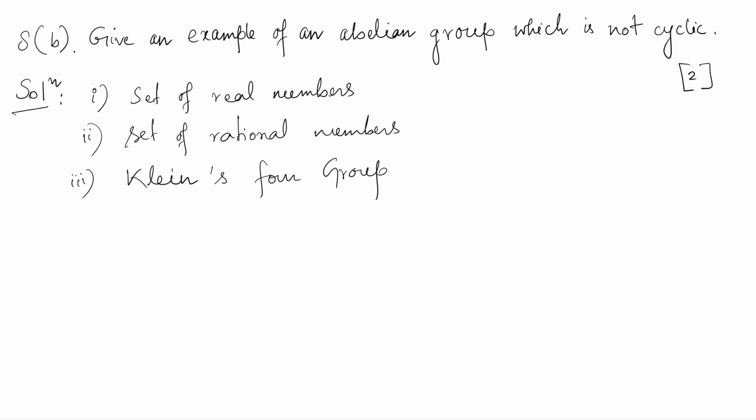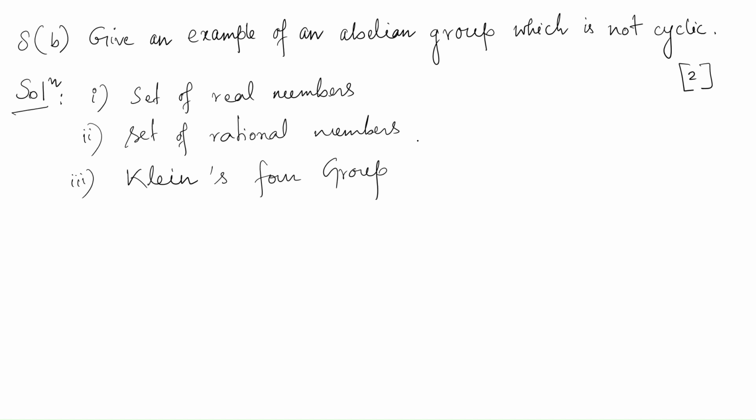Question 8b. Give an example of an abelian group which is not cyclic. Here three examples are given, any one you can write. First example, the set of real numbers. Second example, the set of rational numbers.